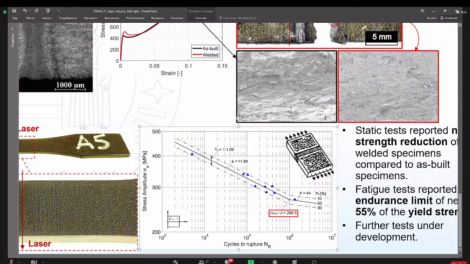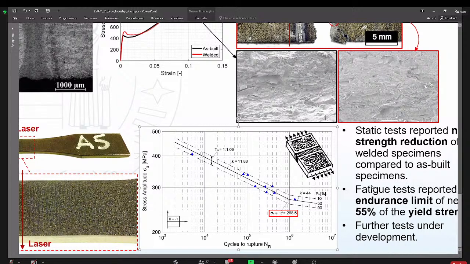We are performing tests now at a low level, at 250 megapascal or so, and we realized that the knee point is roughly 270 megapascal. We are seeing that some specimens run out and some specimens fail at a couple of millions of cycles.